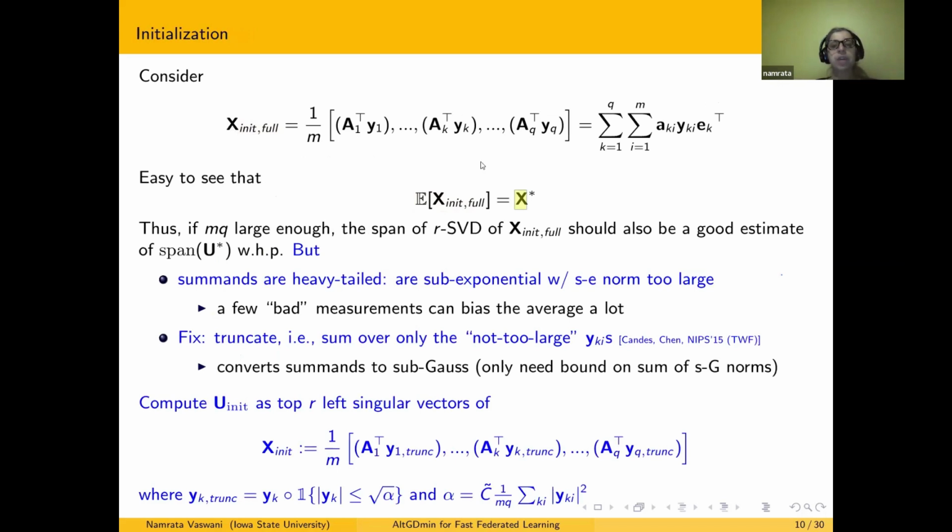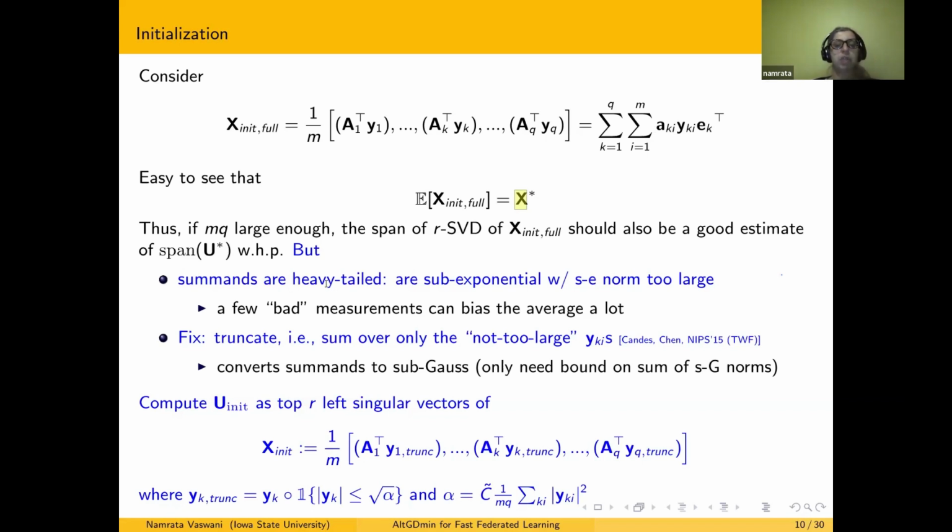Now, M is my number of samples per column, and Q is the total number of columns. If M times Q is large enough, you can argue that the span of the top R singular vectors of this X init full should be a good estimate of the span of the columns of X star with high probability.